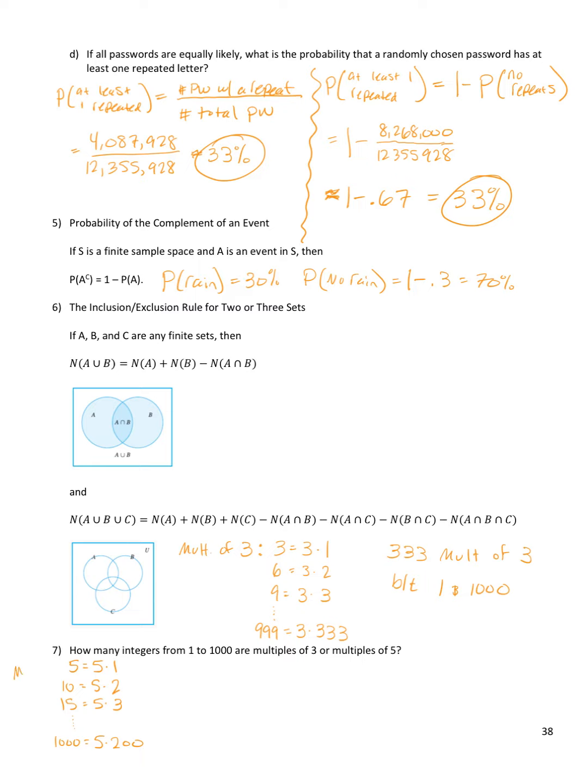So here's my multiples of 5, and then multiples of 15. My first one is 15, and that's 15 times 1. Then 30, which is 15 times 2. And then I keep going.